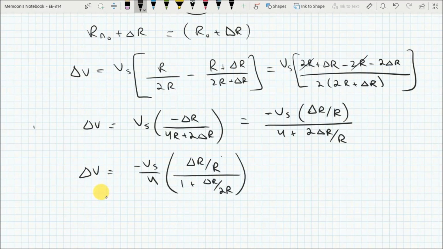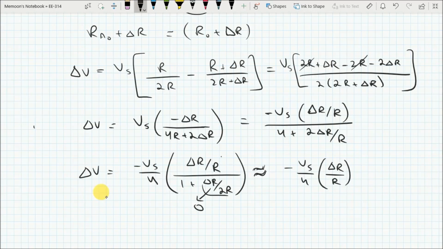And as delta R is much smaller as compared to the actual resistance, and again it is even divided by 2, we can approximate this term to be 0, and we can rewrite the equation as approximately equal to negative Vs over 4 into delta R over R, as this will become just 1.